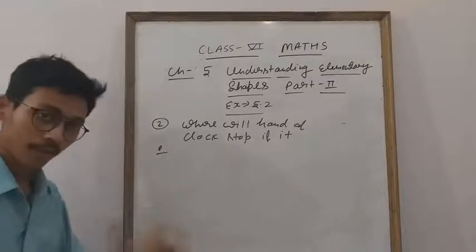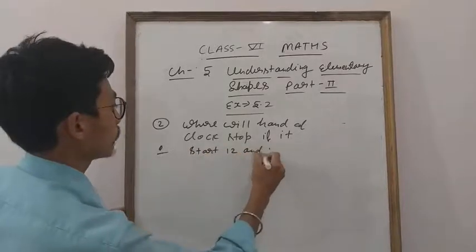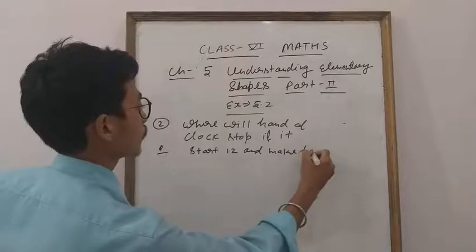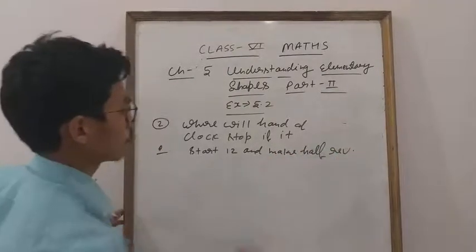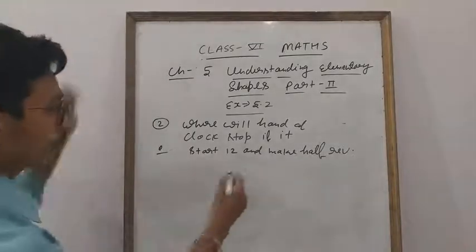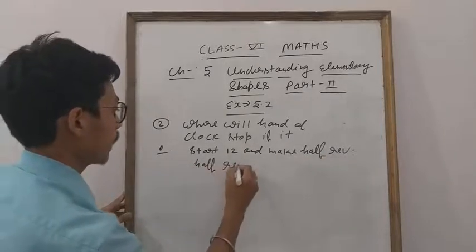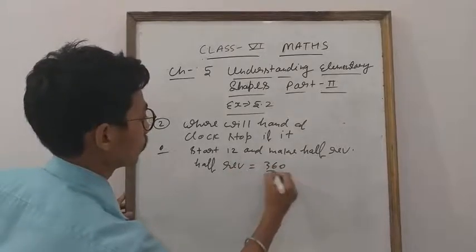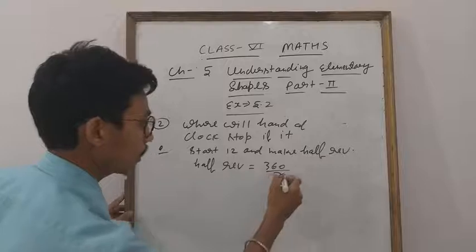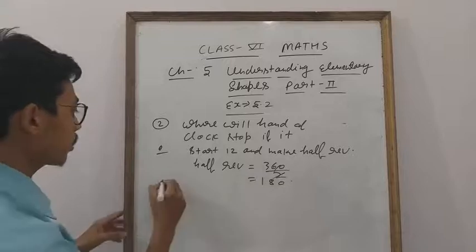Start at 12 and make a half revolution. Half revolution means directly 180 degrees, and full means 360 degrees. This is very easy. Understood? Even so I will solve it. First we find the half revolution. Half revolution equals 360 upon 2, because half means half. So this comes to 180.